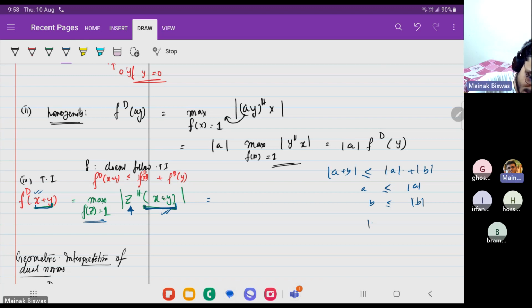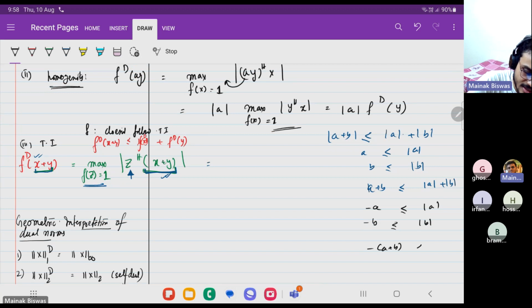So therefore, a plus b is less than or equal to mod a plus mod b. Yes or no? Similarly, you can show minus a is less than or equal to mod a, minus b is less than or equal to mod b, minus of a plus b is less than or equal to mod a plus mod b. Yes or no?